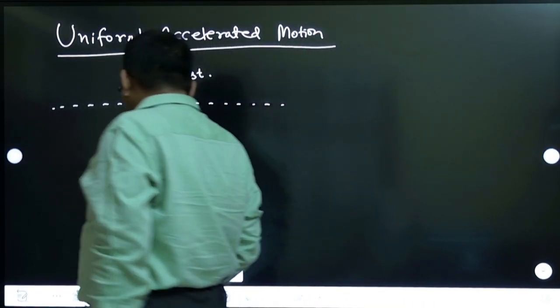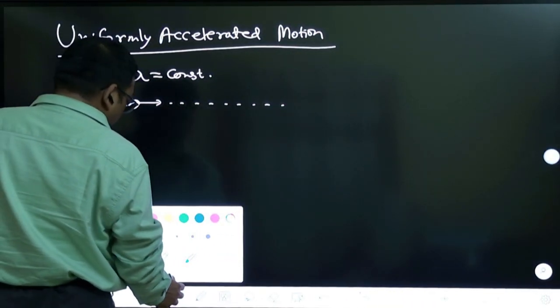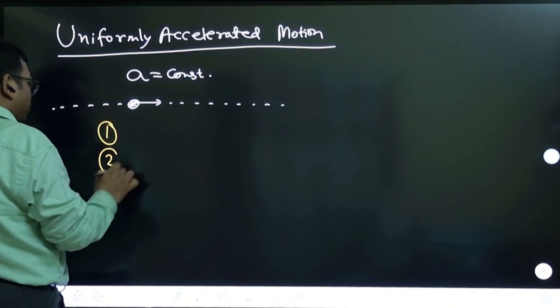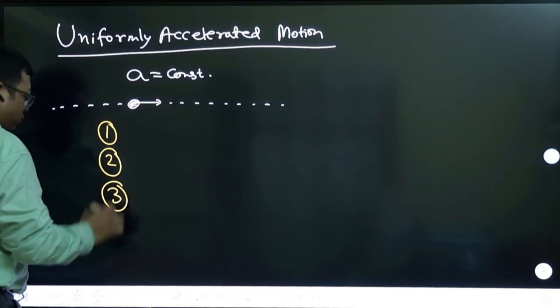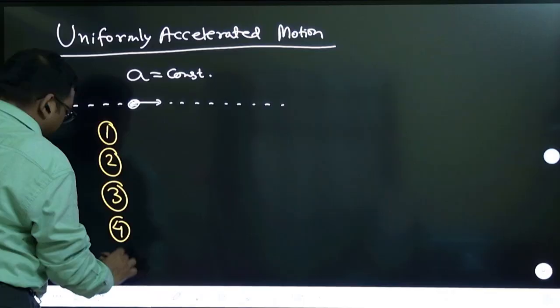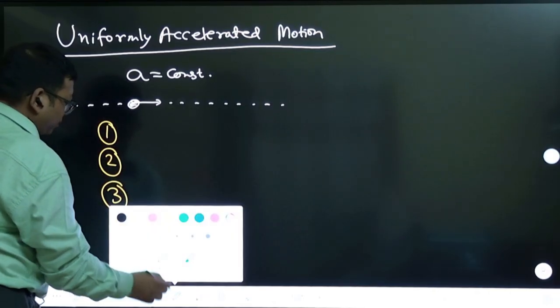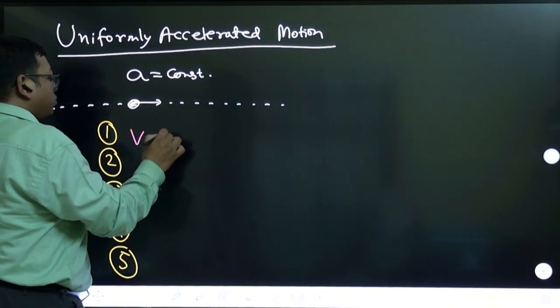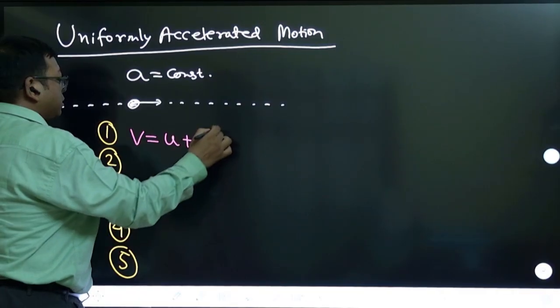So here we need to understand what the important equations are. There are 5 important equations we have to note. I will list out all 5 formulas. First formula is v equal to u plus at.